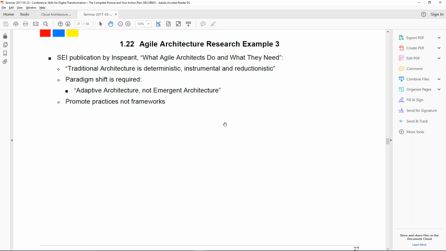And then there's an example, hey, what do Agile architects do? And fundamentally, the line is, I need an architecture that supports change. Their line is, I need an architecture that can adapt to situations. I do not necessarily need an architecture that emerges from the weeds. That's not necessarily the best approach.